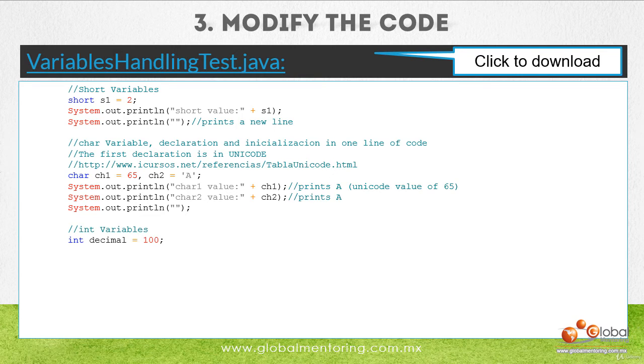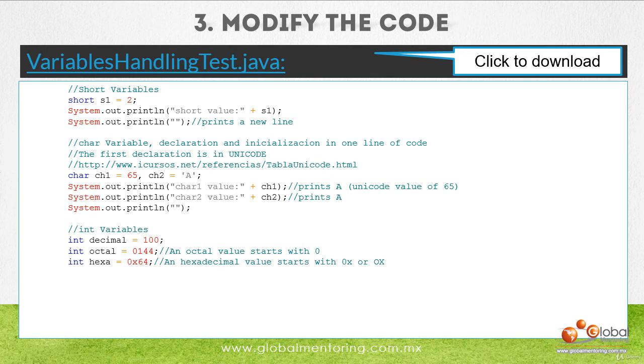We can use decimal values. For example, we can declare a variable called decimal equal to 100. But we can use an octal value, which starts with 0. In this case, we declare a variable called octal, which starts with 0, so it's an octal value, and assign a value of 144.